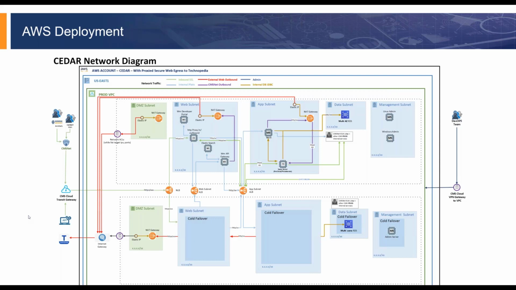We are not required to deploy any second availability zone. These are only on one availability zone. We did deploy a communication mechanism across other availability zones, but the deployment was only on one availability zone.